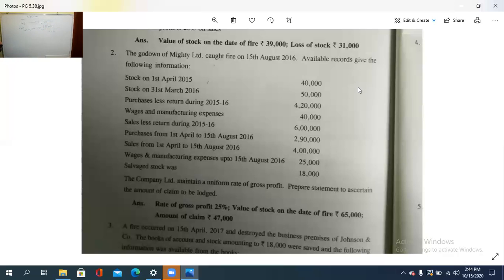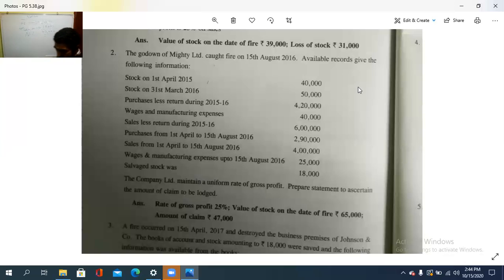So 65,000 minus 18,000 is 47,000. See the answer: 47,000 is the net loss to be claimed.